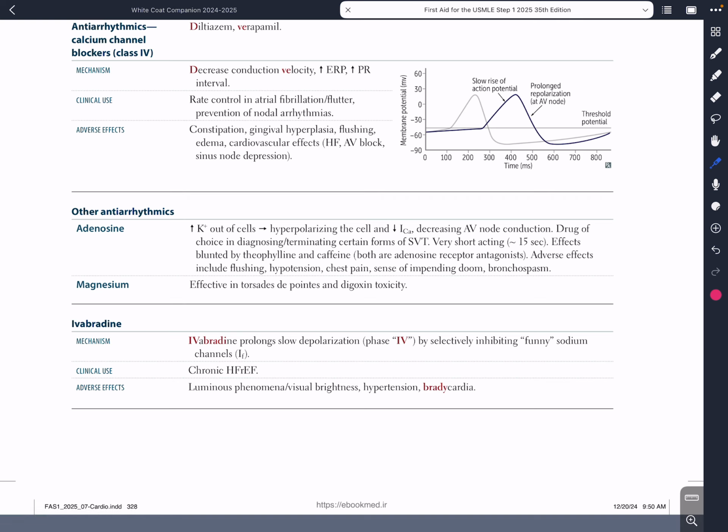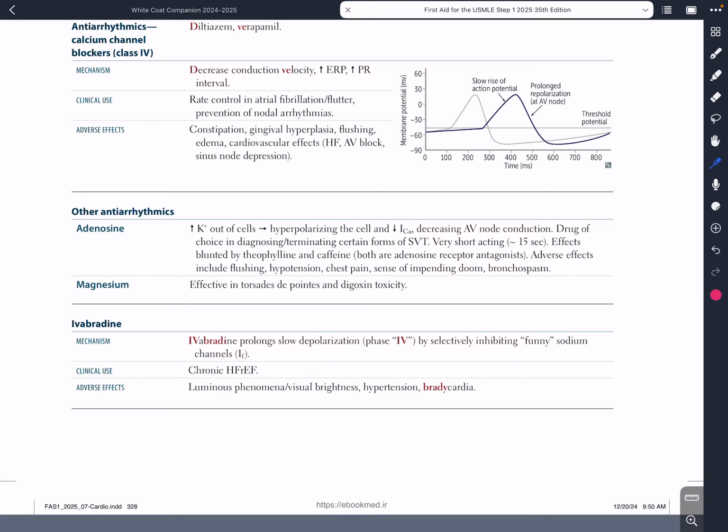Ivabradine is a preferred drug. Mechanism of action: ivabradine prolongs slow depolarization of phase 4 by selectively inhibiting sodium channels. These are channels that are not classified into any specific class, not intracellular, not extracellular.